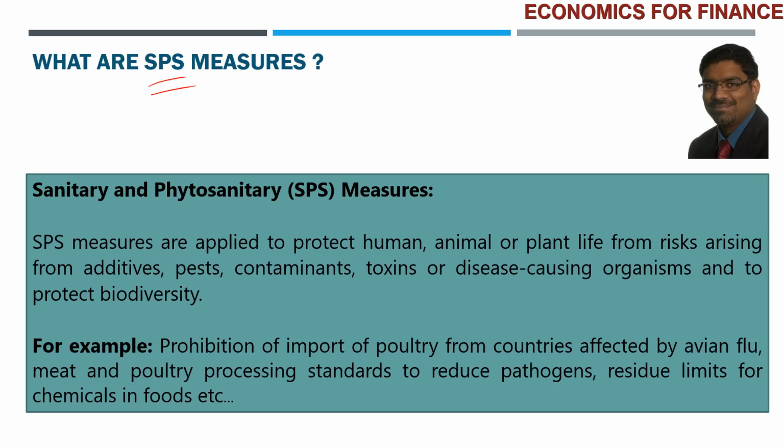What are SPS measures? You have to remember these names. Sanitary and phytosanitary measures, SPS measures. Most of the examples we have looked at now are all SPS measures only. These are applied to protect human, animal or plant life of our country from the risks arising from things coming from other countries in the form of additives, pests, contaminants, toxins or disease causing organisms, and to protect biodiversity.